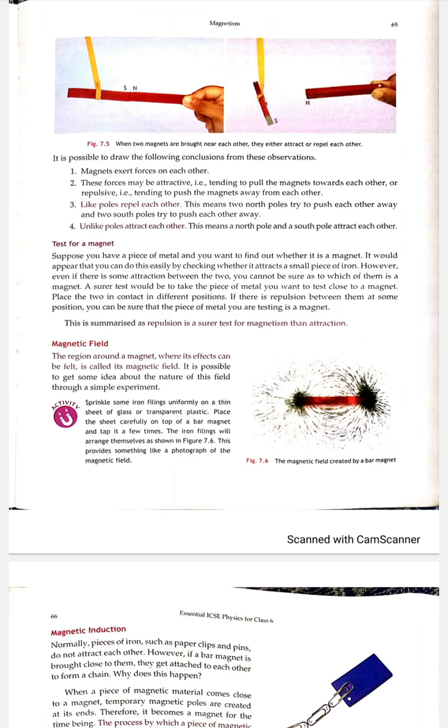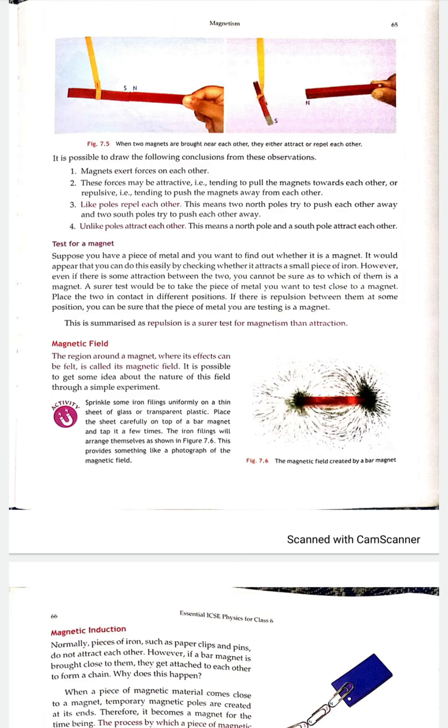Now we come to the magnetic field. We know that if an iron nail or a paper pin is brought close to a magnet, even if the two are not touching each other, the magnet is able to attract the iron nail or the paper clip at a slight distance away from it.